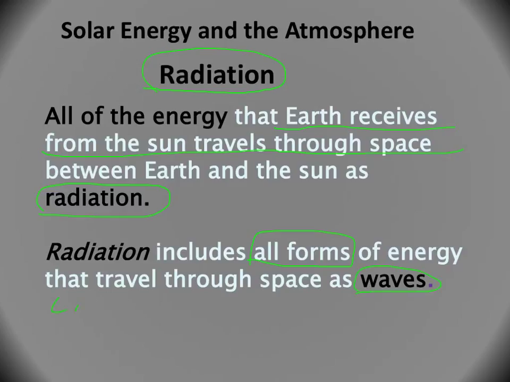All the forms of energy that travel through space as waves are classified as radiation. This includes light, sound, UV radiation, ultraviolet, IR or infrared radiation, X-rays, gamma rays, FM and AM radio waves, and microwaves.